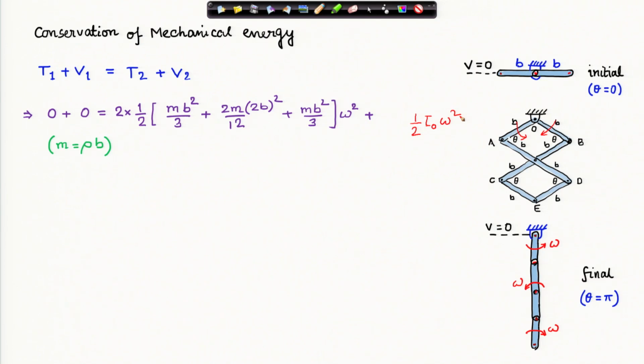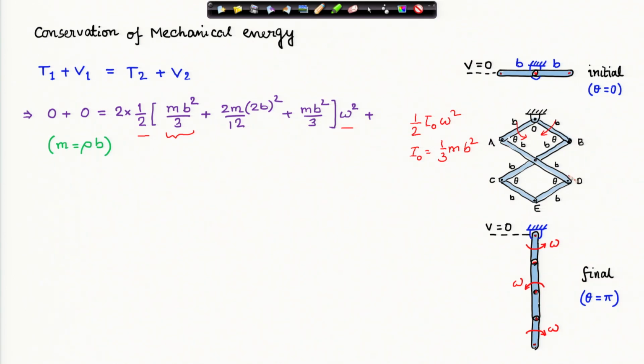At the final state, the kinetic energy is half I_O, the moment of inertia about O, times omega square, and I_O is 1/3 m b square, and there are two such bars. I have written I_O here, pulled out 1/2 and omega square.